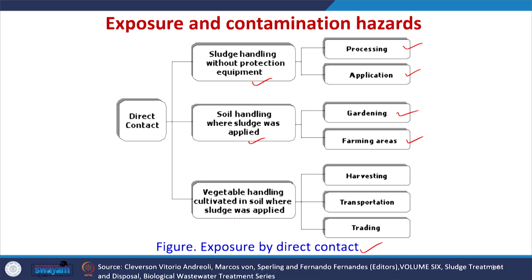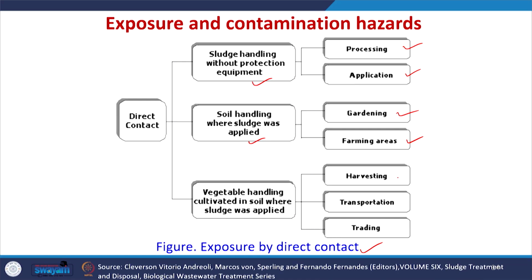So, we have three sections where the sludge is being handled: before application, then where the sludge was applied, then third, the vegetables if they are cultivated in a soil where the sludge was applied.